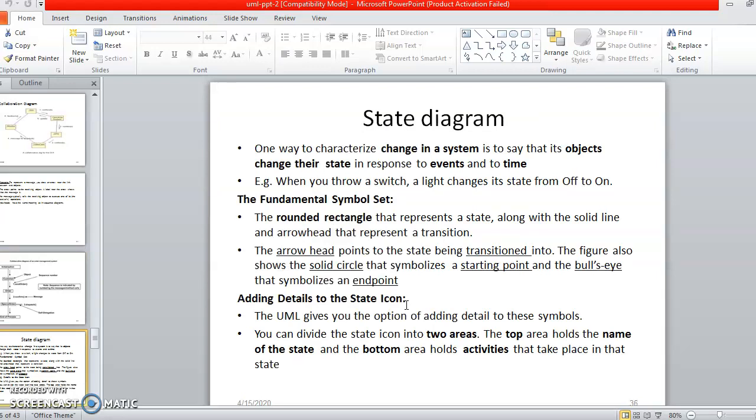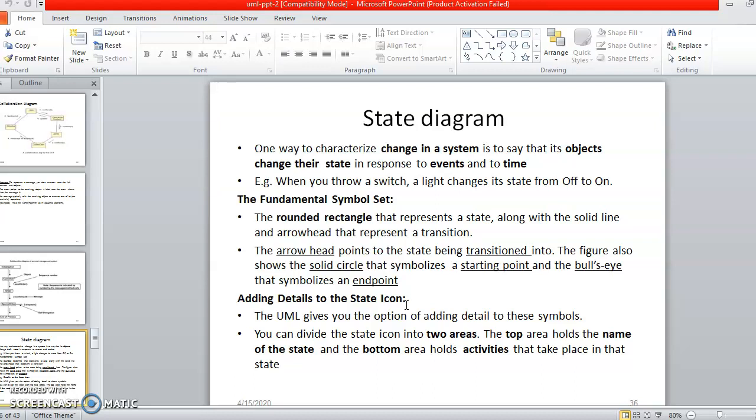One way to characterize change in a system is to say that its objects change their states in response to events and to time. For example, when you throw a switch, a light changes its state from off to on. The fundamental symbols for state diagrams: the rounded rectangle that represents a state along with the solid line and arrowhead that represents a transition.